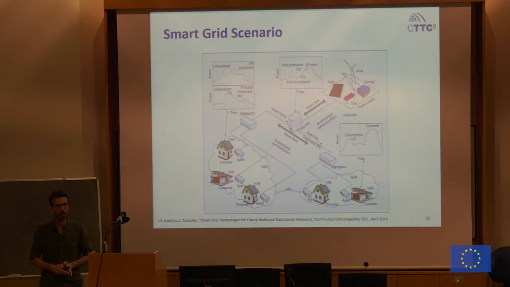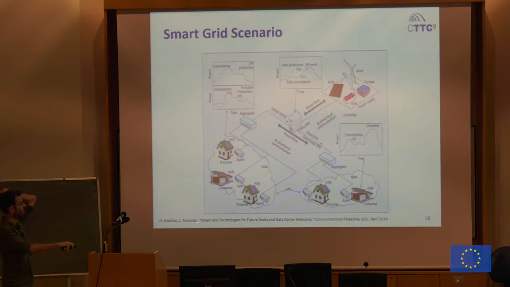And this is the picture summarizing all the things that I'm introducing. This is taken from a paper by Cutitas and Tassiulas. You can look at this house, which is a prosumer because it's consuming energy inside and producing energy with the solar panel.